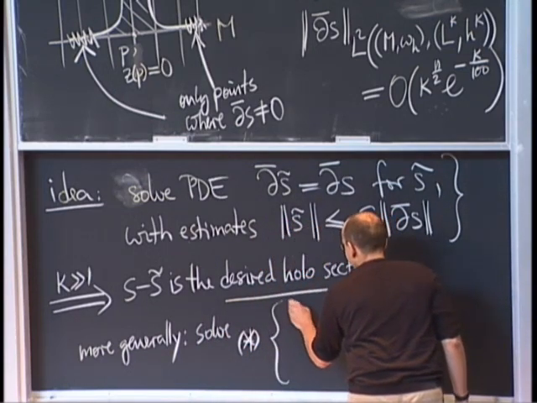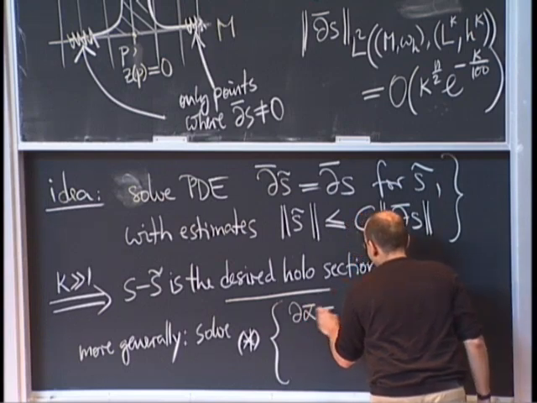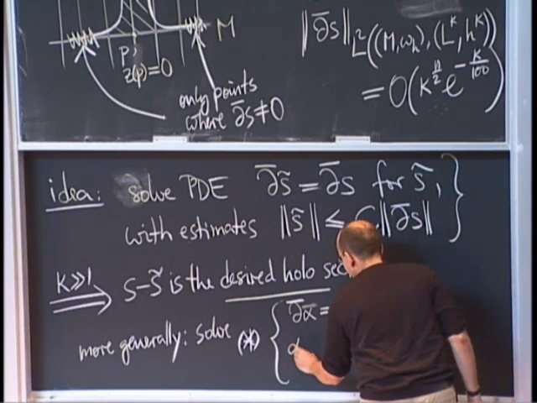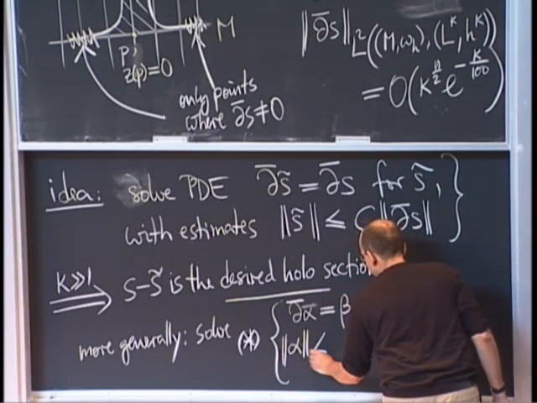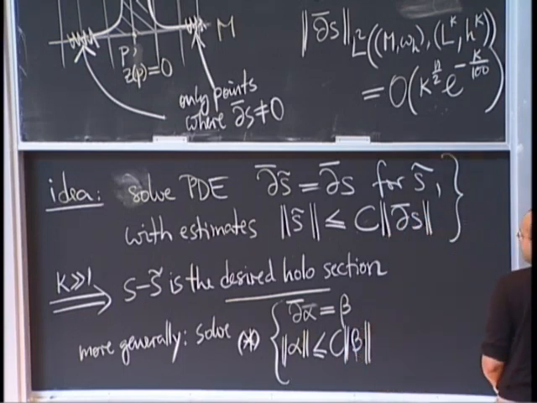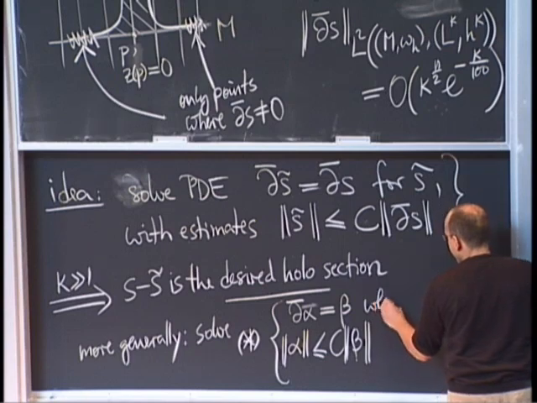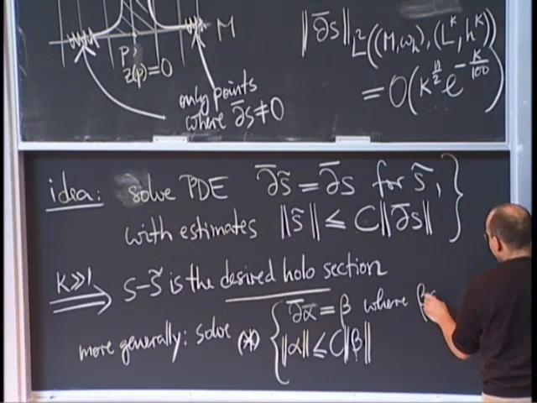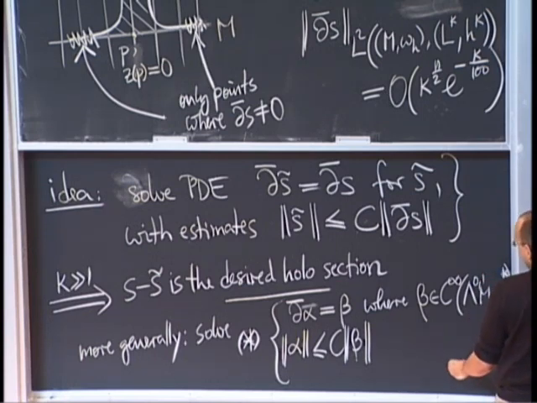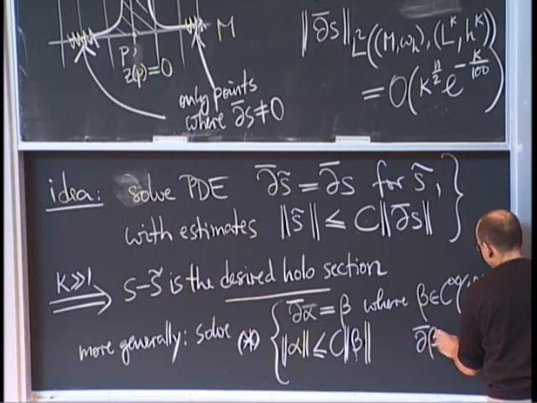So that's d bar alpha equals beta with an estimate, where beta is a 0, 1 form with values in L to the k, and d bar beta is equal to 0.